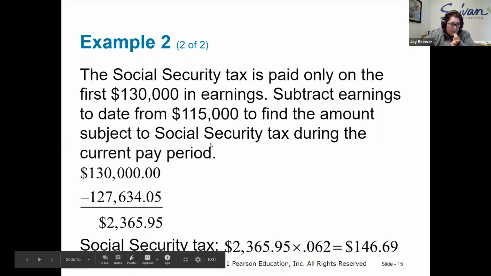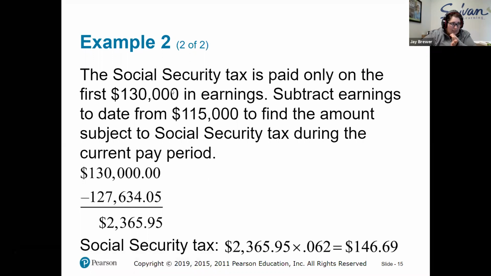But instead, they're telling us that Social Security tax is paid only on the first 130,000, which we agreed with. We figured that part out. Now they're telling us subtract earnings to date from 115,000 to find the amount subject to Social Security tax during the current pay period. And they didn't even do that.